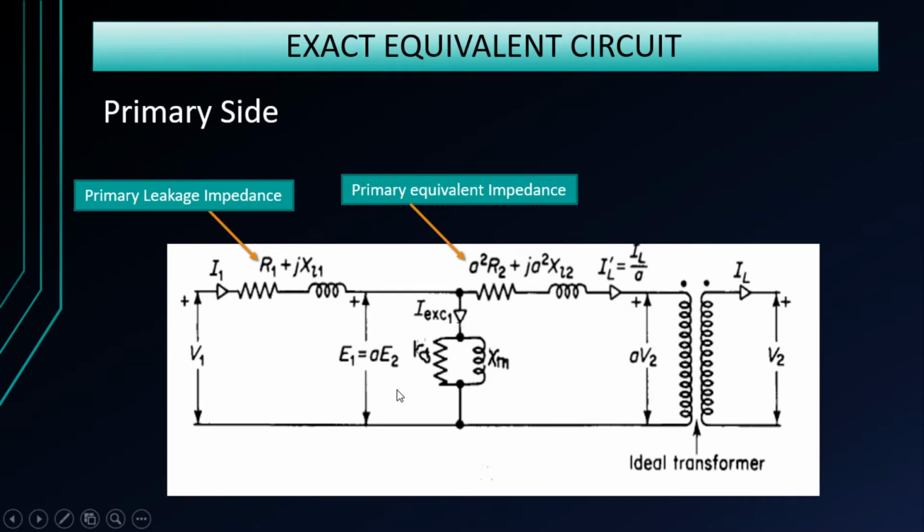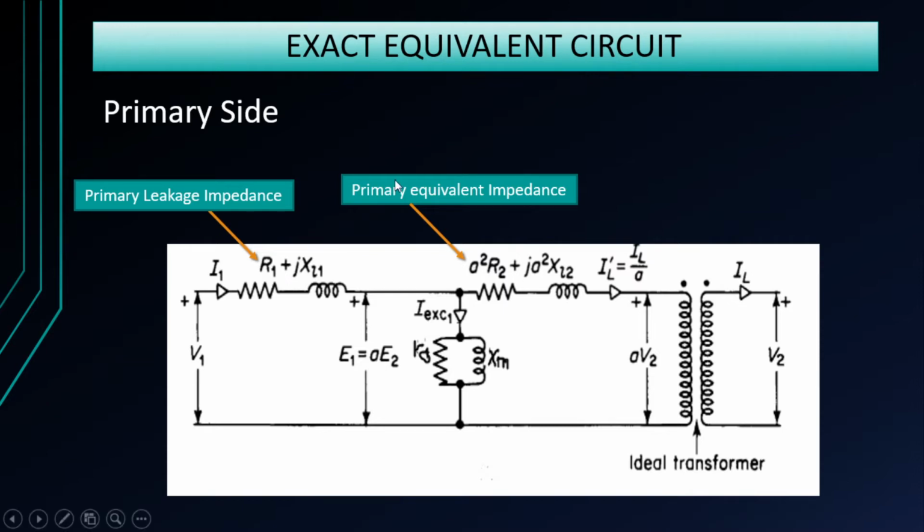Under the mutual flux or the turns, may mga turns na, we have E sub 1 equal to a E sub 2. So, E sub 1 is equal to a E sub 2. Makukuha natin ito dun sa transform ratio na the voltage ratio is equal to a or the turn ratio.